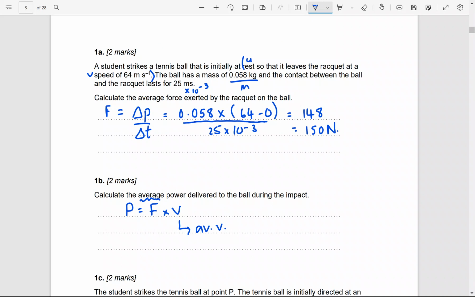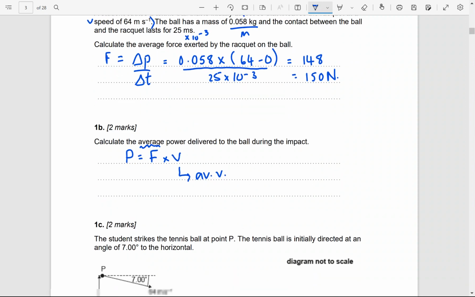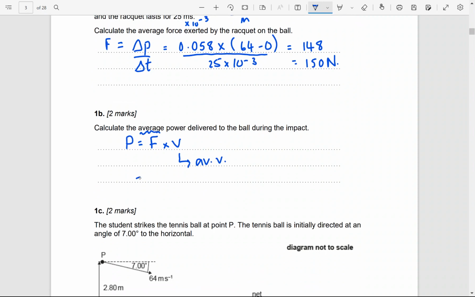However, if like ours, you're actually going from 0 to 64, your average speed for the duration of the impact is half of that, so 32. So it's the mean value. So that's what we actually need to do.